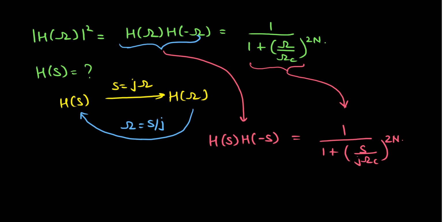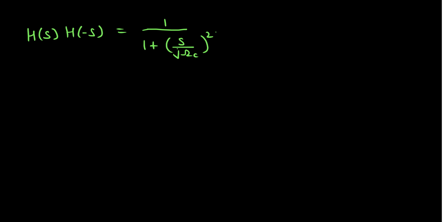Now this j is a constant term, so we can ignore it in the domain part. So what we have is H(s) into H(minus s) is equal to 1 divided by 1 plus (s/(j omega_c)) to the power 2n.